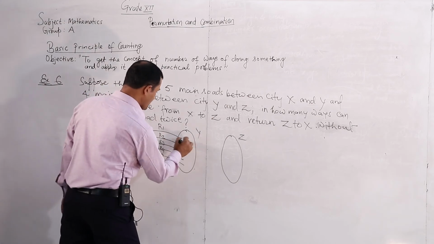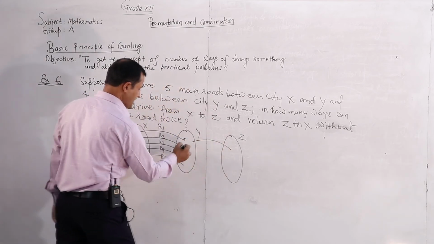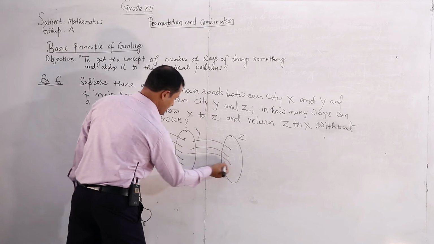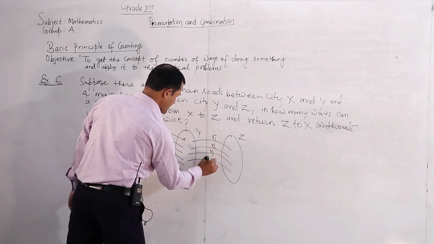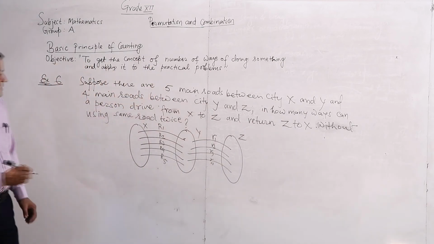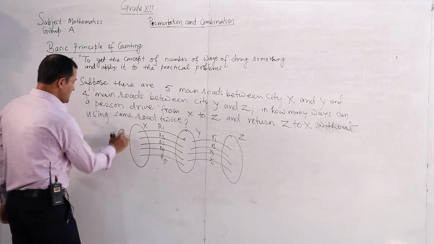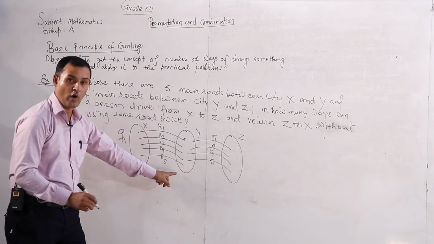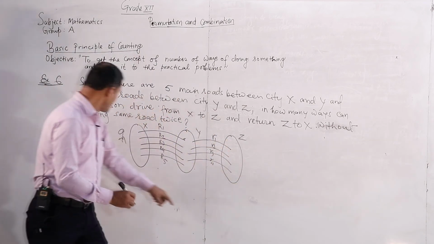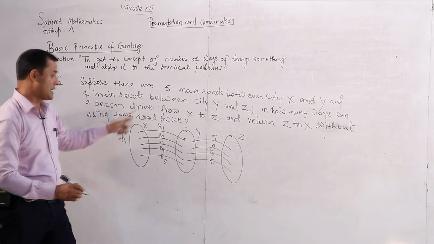And how many link roads between Y and Z? 4, isn't it? So R1, R2, R3, R4. This person is driving from X to Z via Y and from Z to X via Y again.